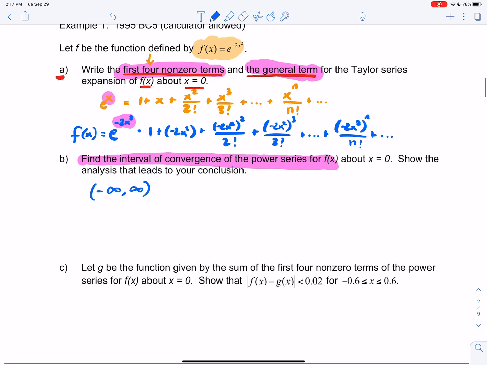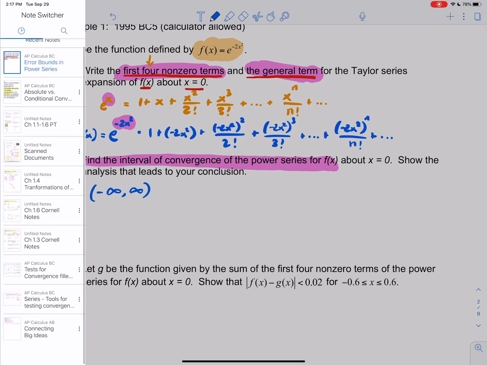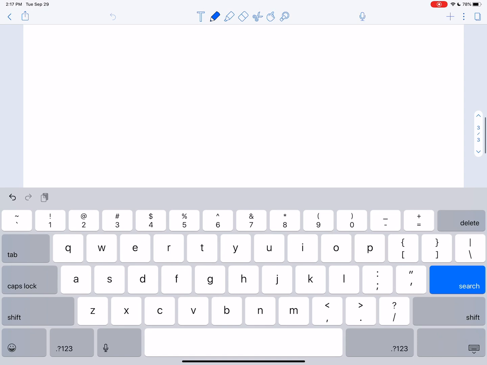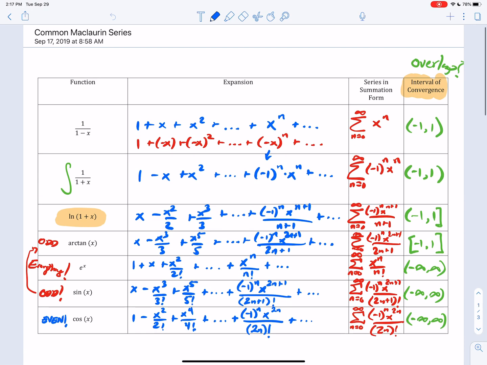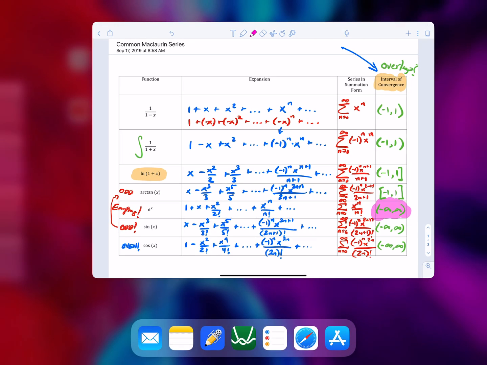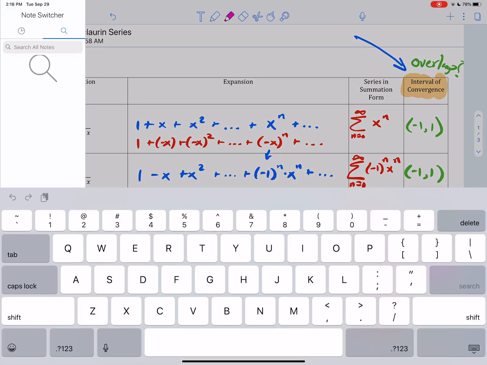If you guys remember, back with the Maclaurin series, I had you guys fill this out and take a look at that, the interval of convergence. So since we're dealing with e to the x, check that out. You could totally avoid the ratio test. Okay? So don't be too mad at yourself if you did it the long way.